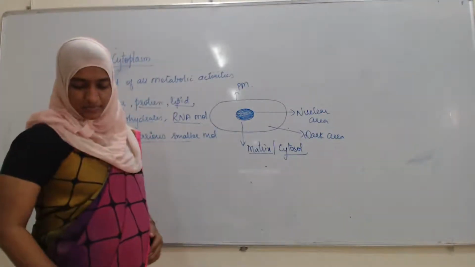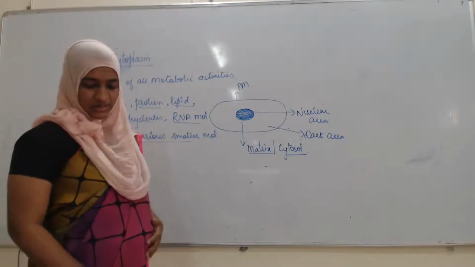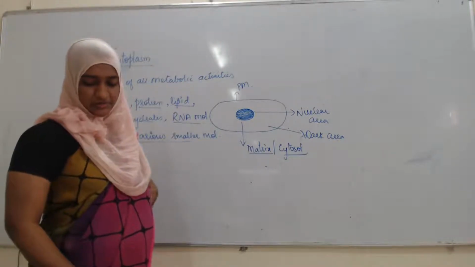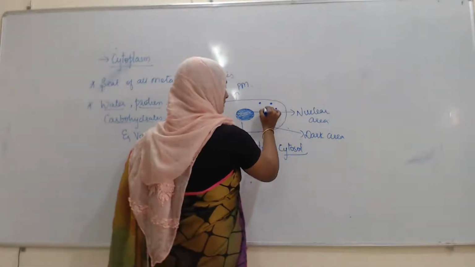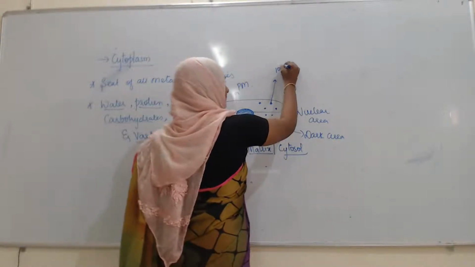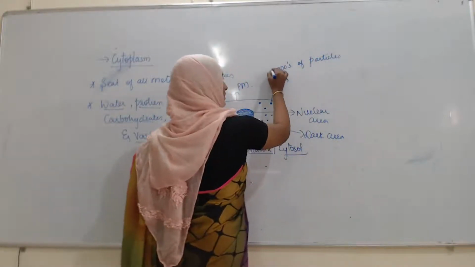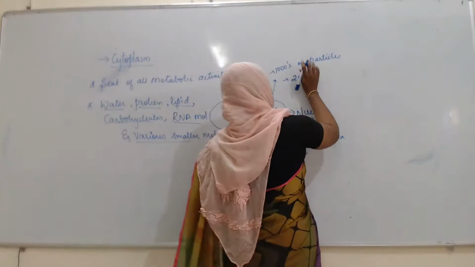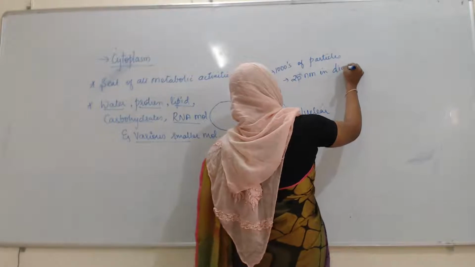In the dark region, thousands of particles are present, about 25 nanometer in diameter.